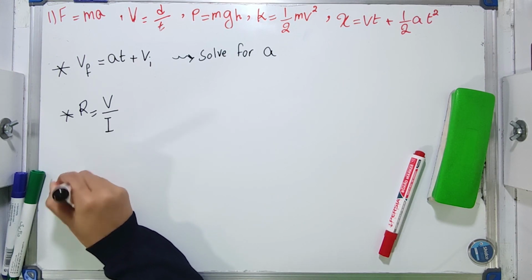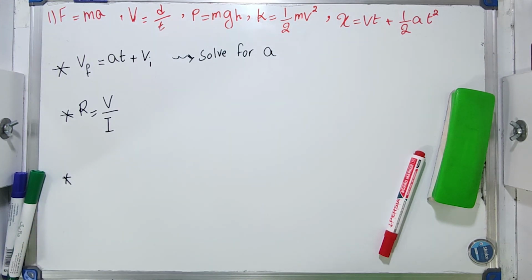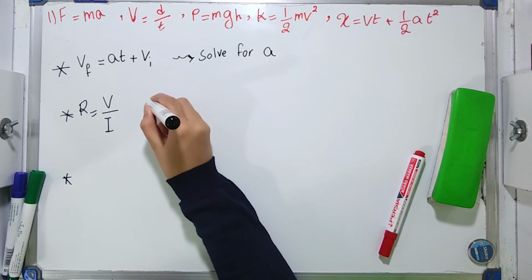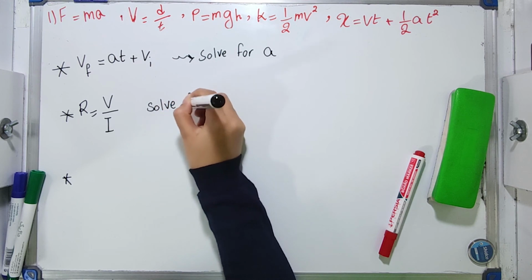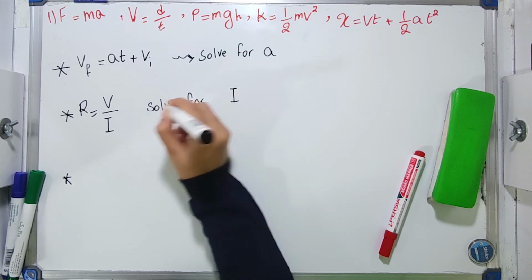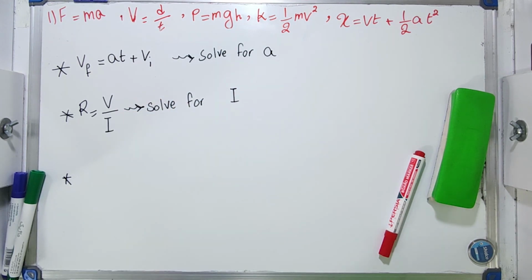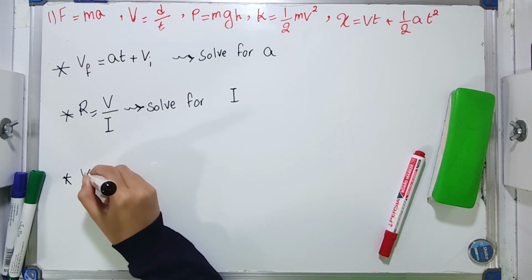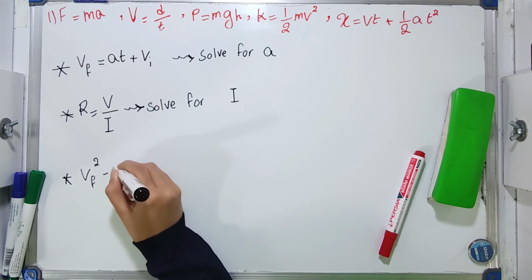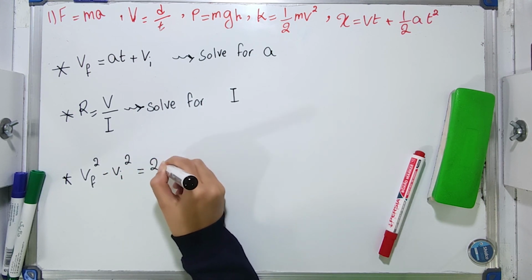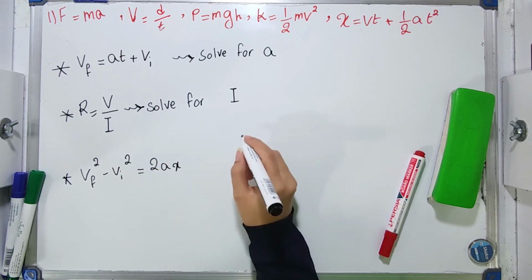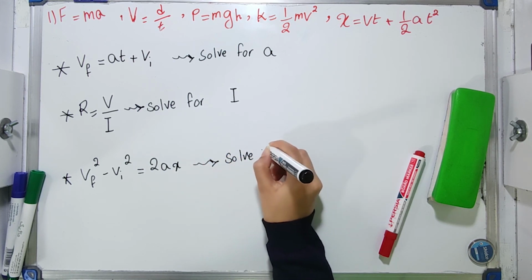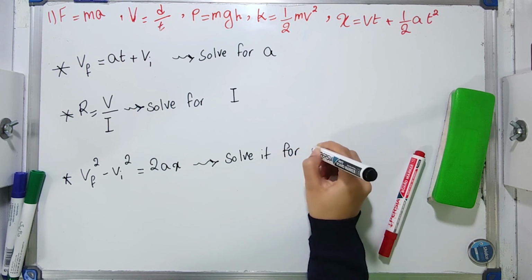And for the squared part, solve this for I, and for the last one, solve it for vi.